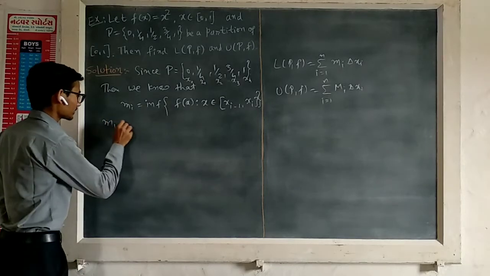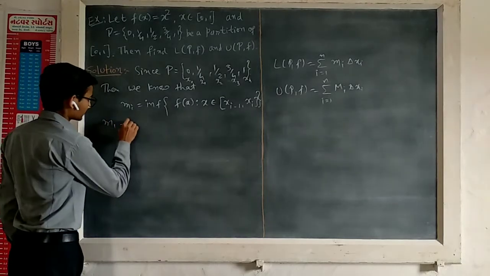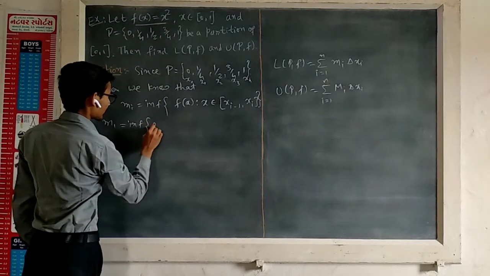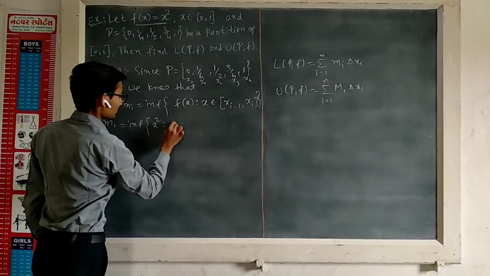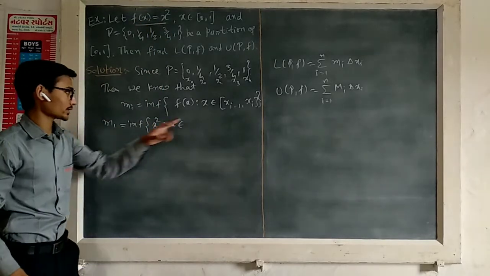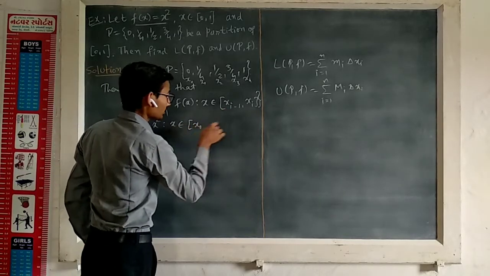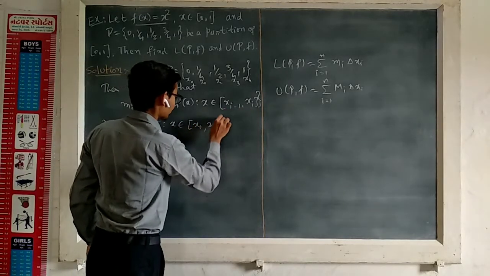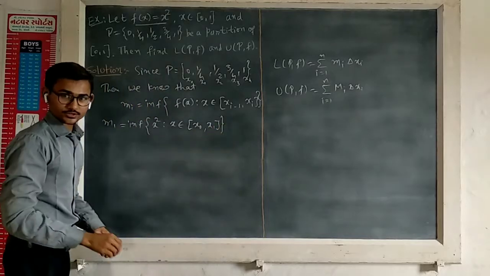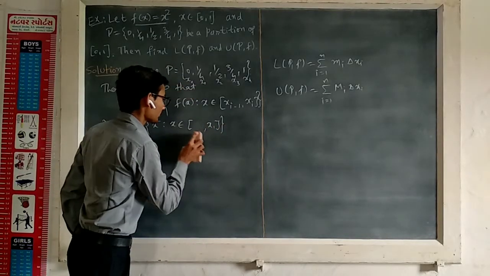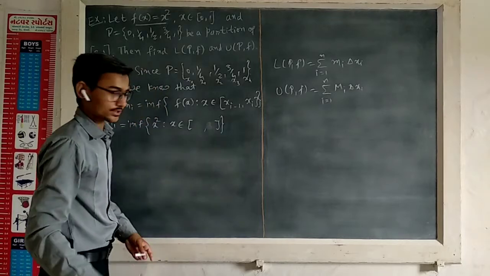If I find m1, put i is equal to 1. Infimum of f of x, which is x square, such that x belongs to, if I take i equal to 1, then 1 minus 1 is 0, so the subinterval is x0 to x1.